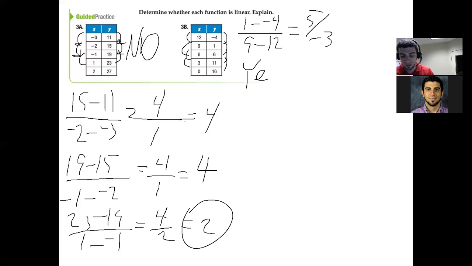So this one is yes. I just don't want to make the video take tremendously long. Okay, so 3A, no, because one of the rates of change was different than the other ones, so it does not represent a linear function. But 3B, yes, it does represent a linear function because all the rates of change are constant throughout the entire table.